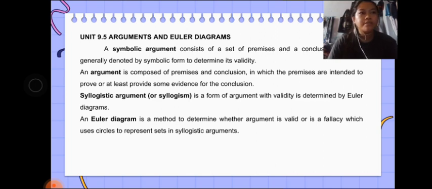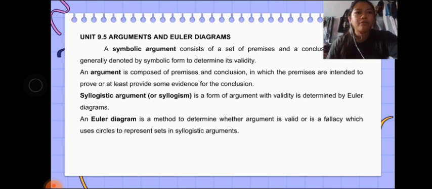This method is similar to the Venn diagram, where circles are used to denote sets, with overlap indicating shared elements, disjoint circles indicating no shared elements, and a circle contained within another circle indicating a subset.